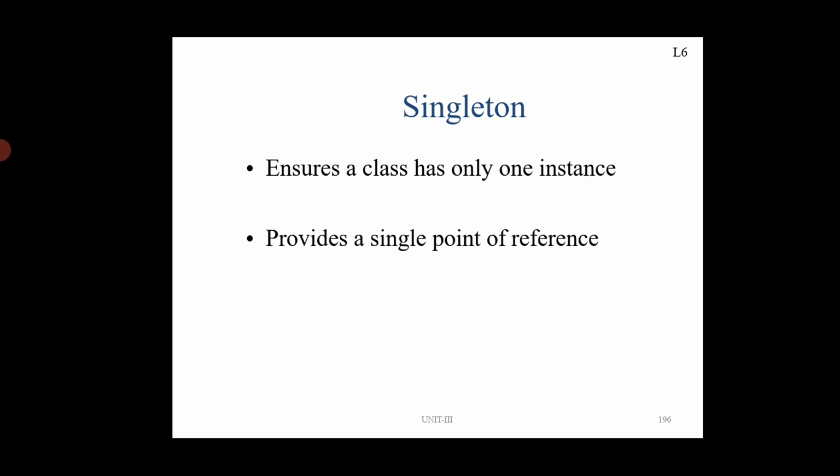Coming to the intent of the singleton design pattern: to make sure that a class has only one instance, to ensure only one instance can be created, and to provide a global access point to it, a single point of reference.